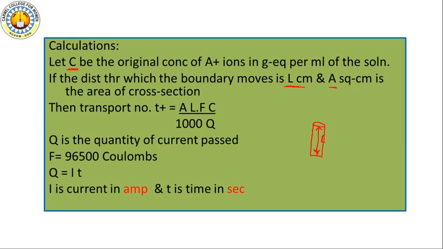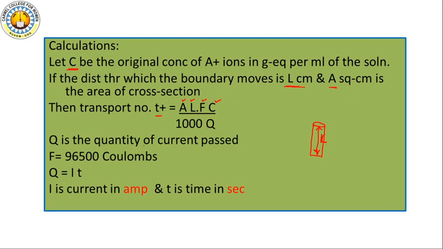So if this distance is L, then the area of cross section of this tube is A square centimeter. Then the transport number T plus is given by this particular formula: area of cross section into length into F, which is Faradays, which is 96,500 coulombs, into C, the concentration, divided by 1000 Q.